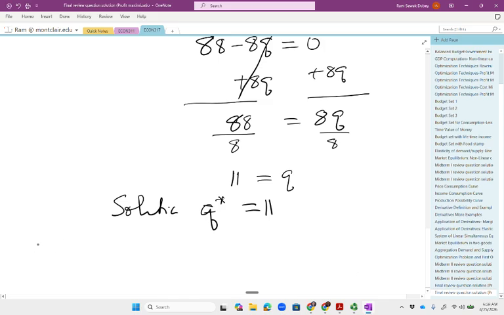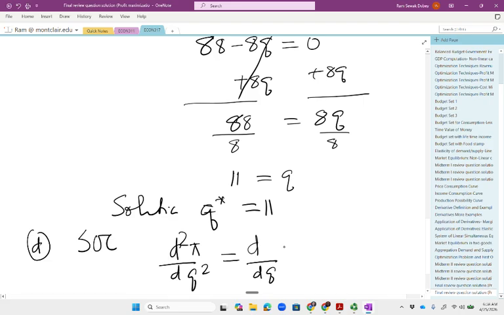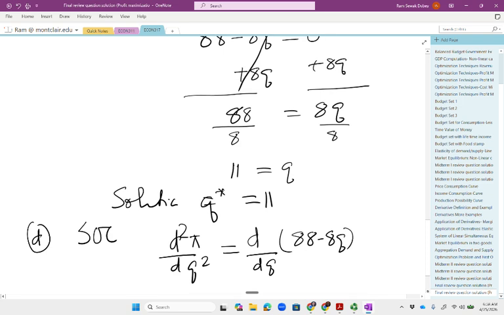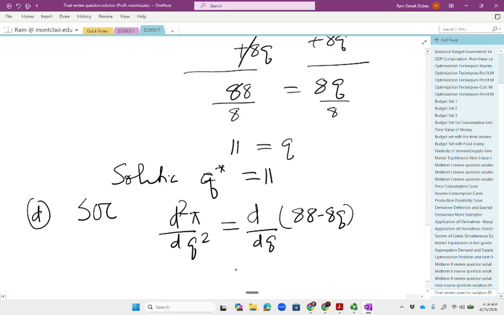Now I would also like to verify the second order condition, where I take the second derivative of the profit with respect to output, which is the derivative of the first order condition 88 minus 8Q, and I want to see the sign of the second order derivative. You can see the first term is a constant, so its derivative is 0.